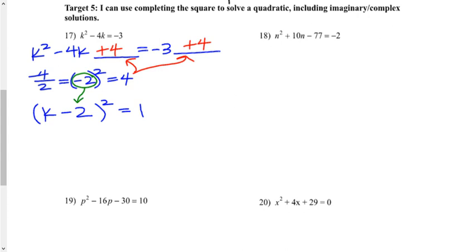And then from here, this is where I just do my normal solving and I take the square root of both sides. So this will cancel that out, and I get k minus 2 equals positive or negative 1. I have to take the plus or minus version, and don't overthink it. The square root of 1 is just 1.